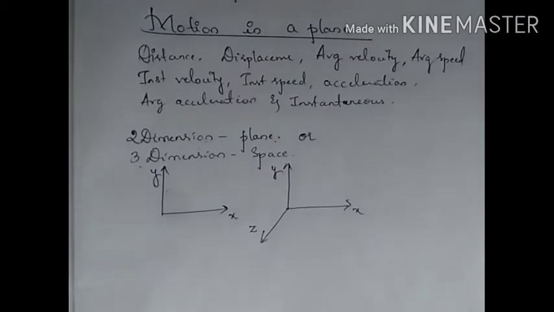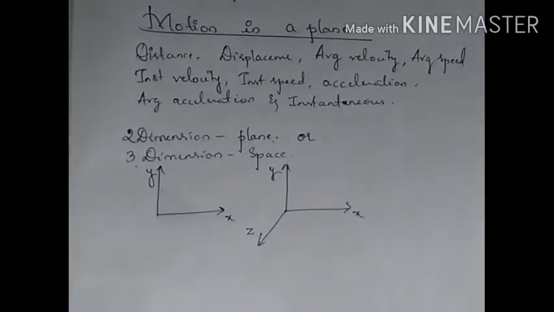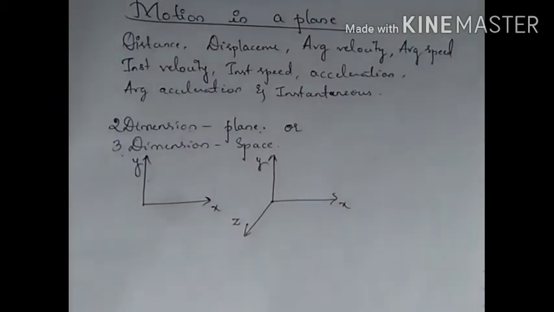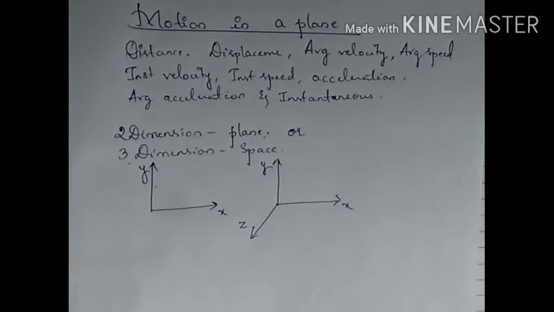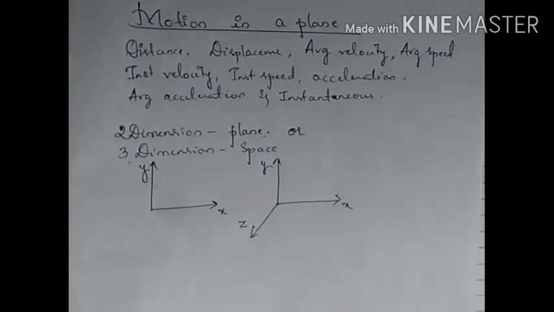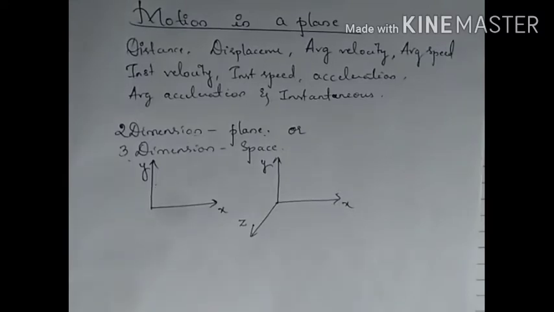So now it is necessary for us to learn what a vector is, how we add, subtract or multiply vectors, and what the result of multiplying a vector by a real number is. We shall also define velocity and acceleration in a plane. Then we discuss the motion of an object in a plane, and also learn constant acceleration motion in a plane.